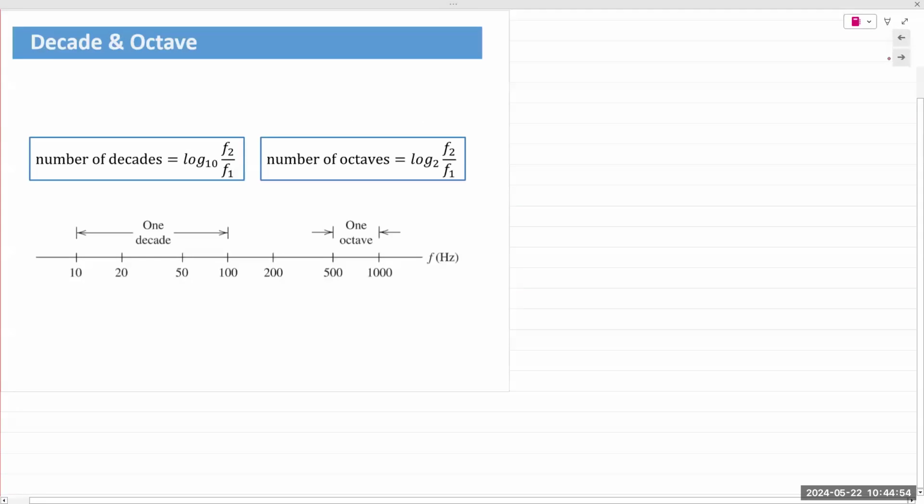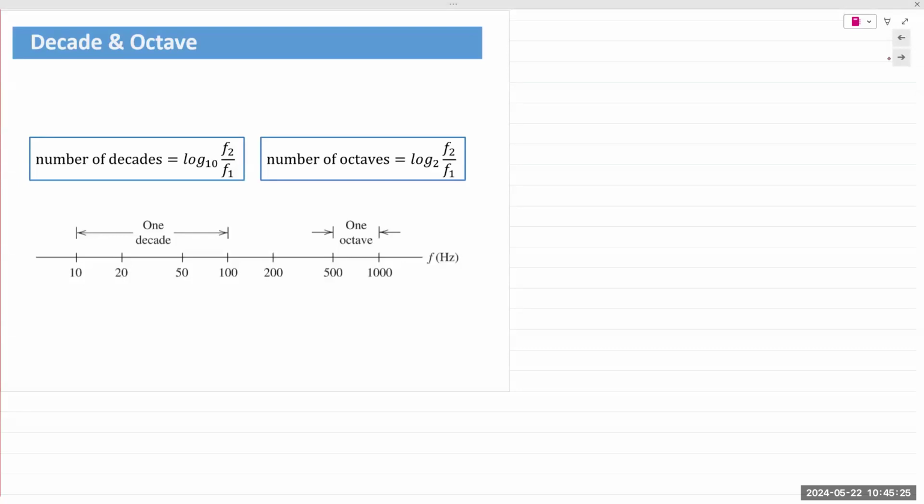Okay, so let's look at both. Frequencies are plotted on the x-axis. So to compress them, they use the log scale. And when you use the log scale, you plot them as either decades or octaves. Octaves is there just for informational purposes. There is an application for those, but for Bode plots it's mostly just decades. So a decade is basically the ratio of two frequencies, and you take the log of the ratio of two frequencies.